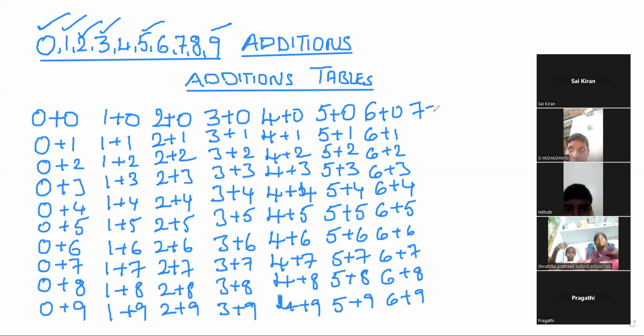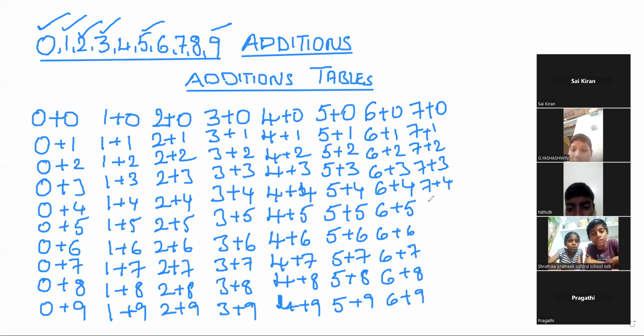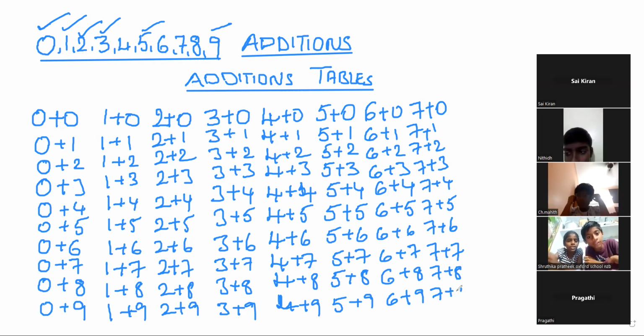7 plus 0, 7 plus 1, 7 plus 2, 7 plus 3, 7 plus 4, 7 plus 5, 7 plus 6, 7 plus 7, 7 plus 8, 7 plus 9.